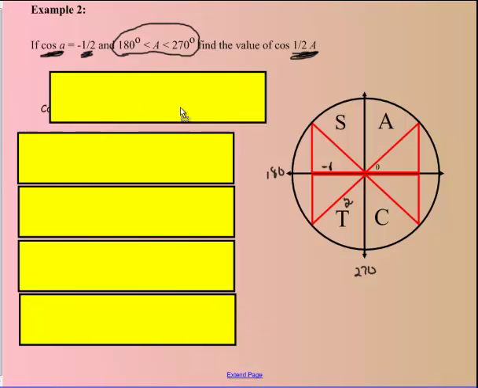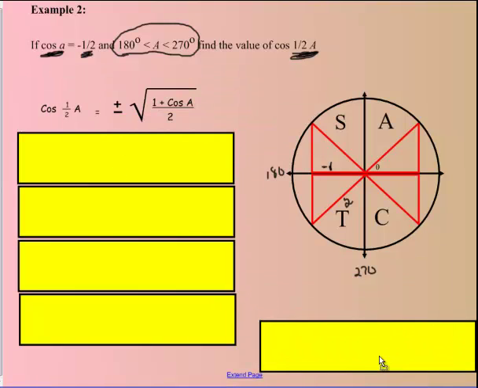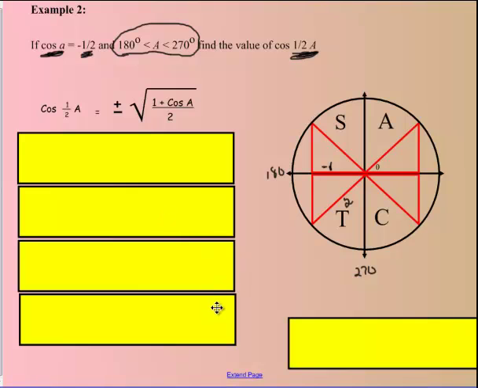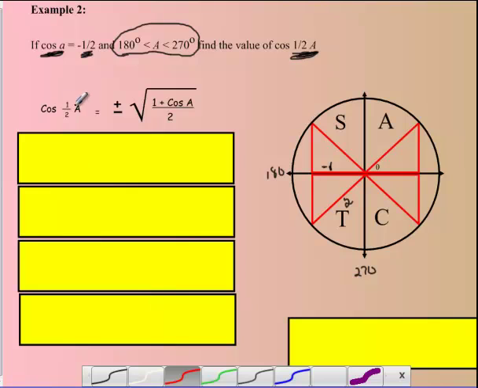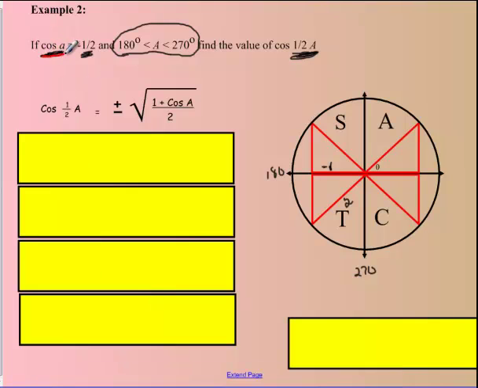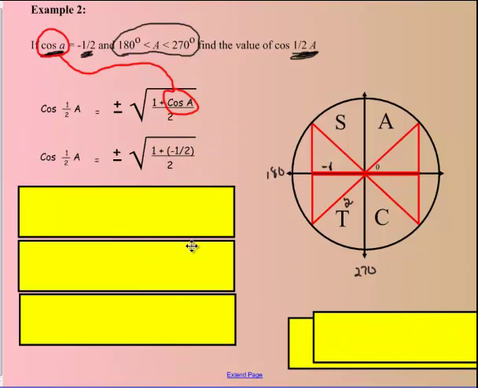All right, so that tells me which formula I'm going to use. I'm going to use the cosine of a half angle. And once again, this is lovely, because every time I see the cosine of A, I just replace it with a -1/2. So there it is. This makes it really easy. 1 plus -1/2.